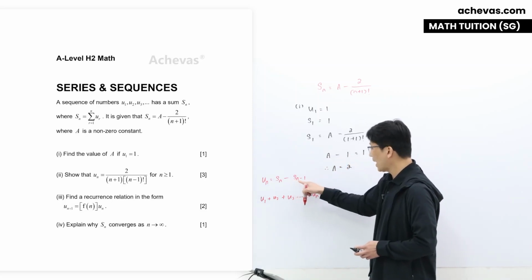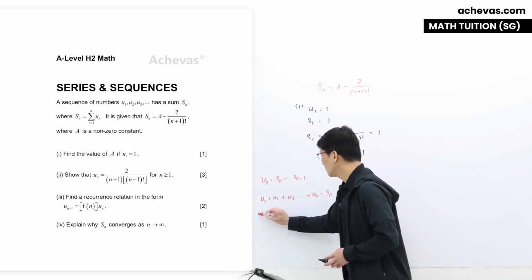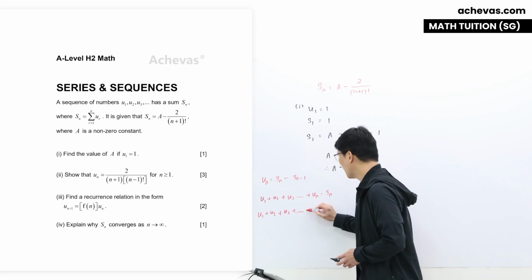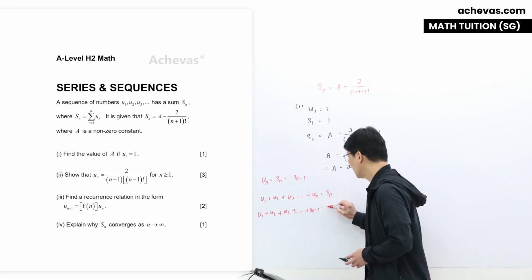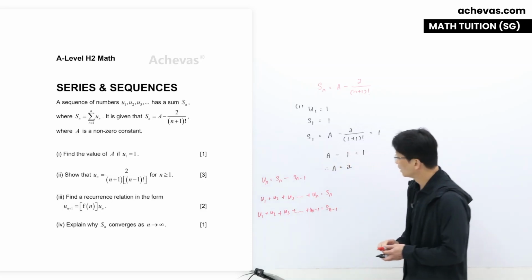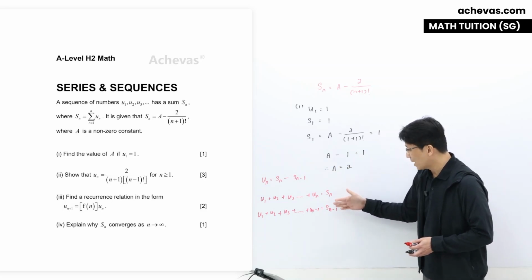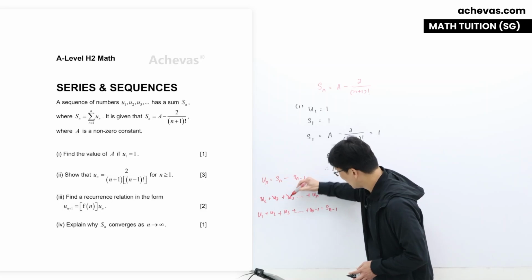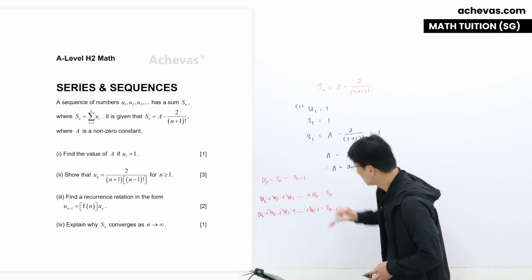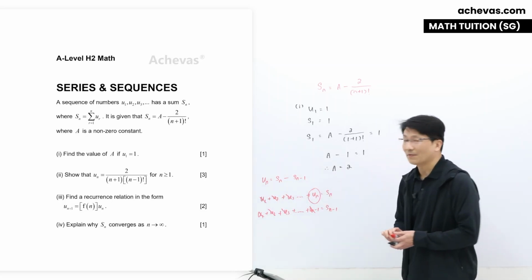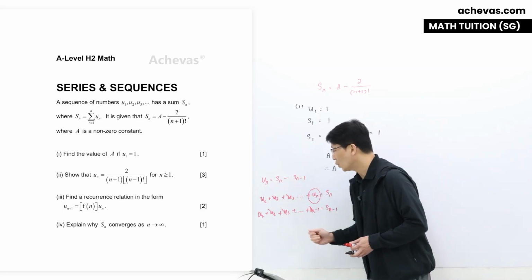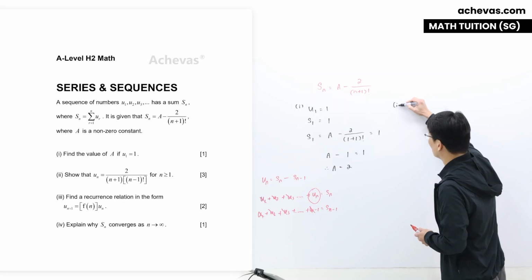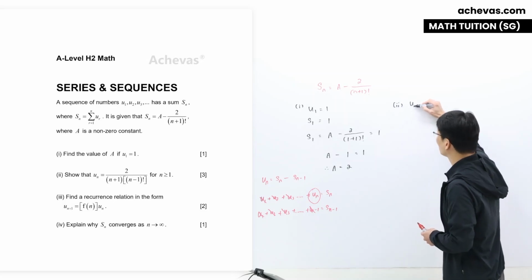If I'm subtracting Sn minus 1, which is u1, u2, u3, all the way until un minus 1, using the first equation minus the second one, we can see that all these terms will be cancelled away, except this leftover term, which is just the general term un of the sequence. So using this result, I can find out what my un is.